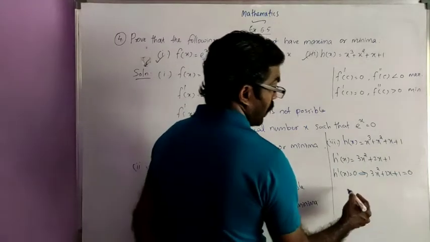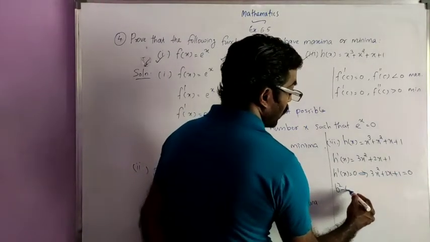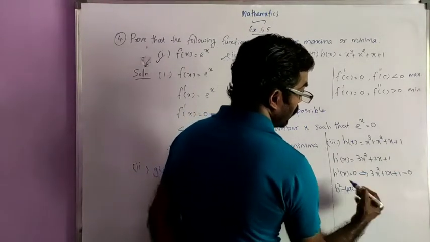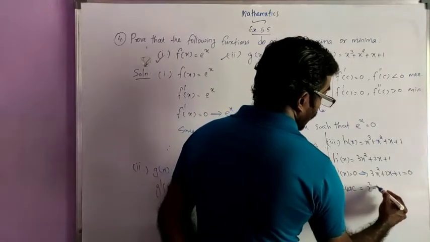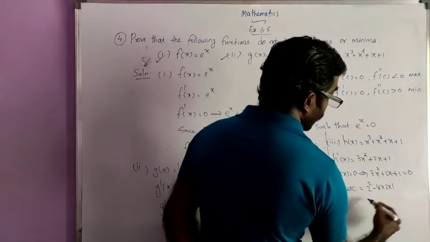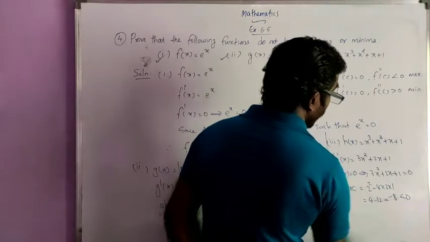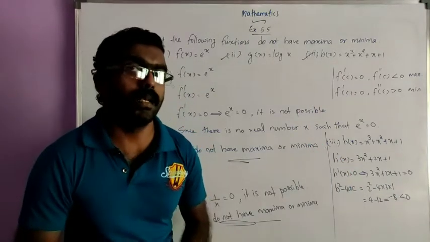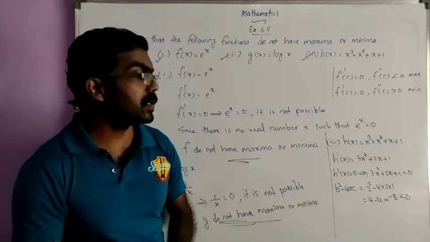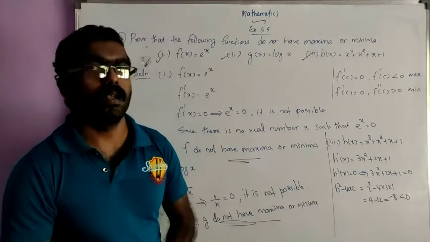Okay. Here we can find the discriminant b square minus 4ac first. So 2 square minus 4 into 3 into 1. That is 4 minus 12 which is equal to minus 8 less than 0. B square minus 4ac is less than 0. That means the quadratic equation has no real roots.